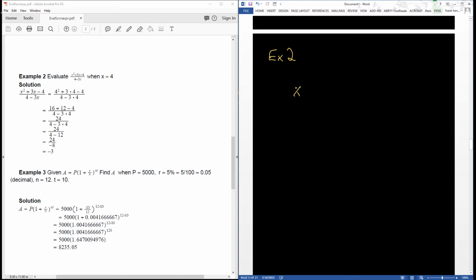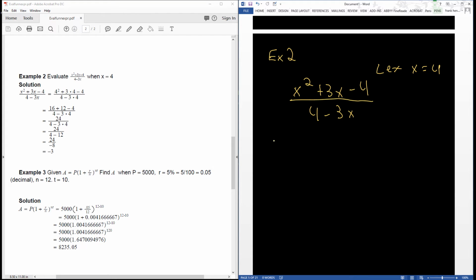So I have x squared plus 3x minus 4, divided by 4 minus 3x. And we let x equal 4. So we evaluate this function here, replacing every x with the value 4.